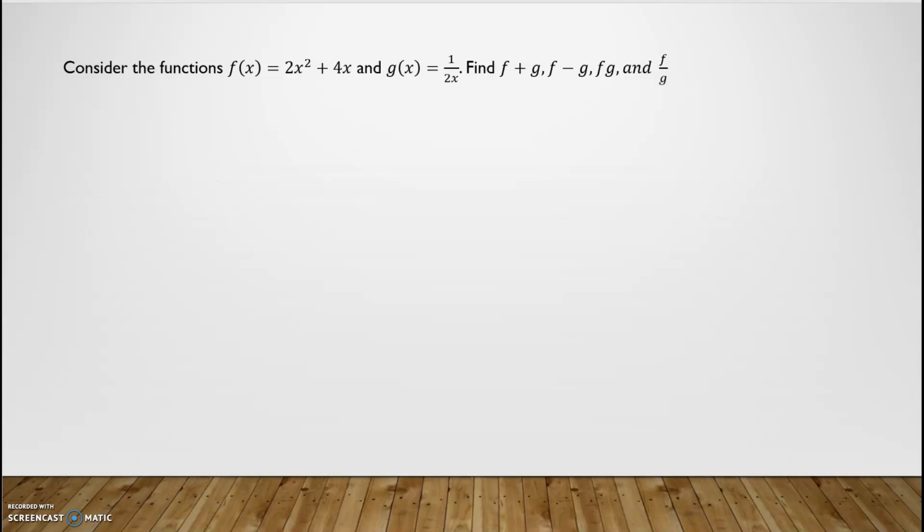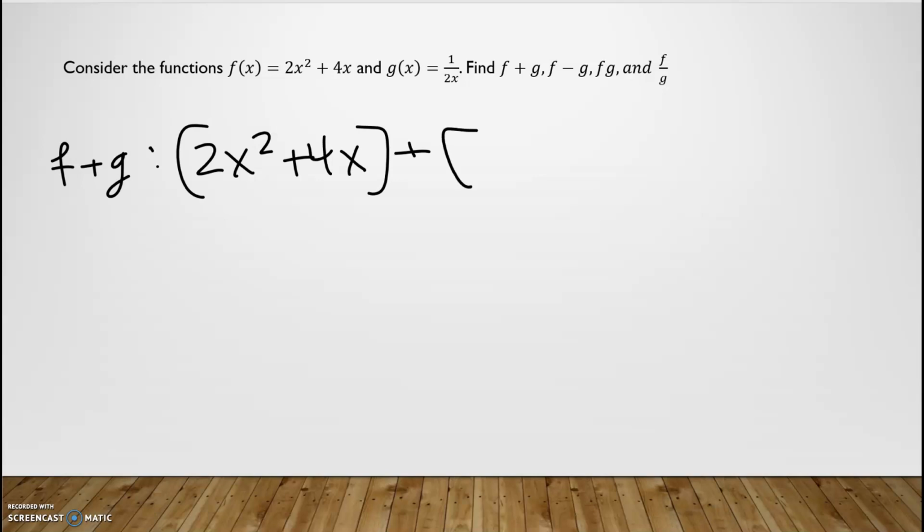Okay, and let's do the same thing. We'll look at 2x squared plus 4x for f, and for g, it'll be 1 over 2x, and we're going to find f plus g, f minus g, f times g, and f divided by g. So f plus g, that would be 2x squared plus 4x plus 1 over 2x.